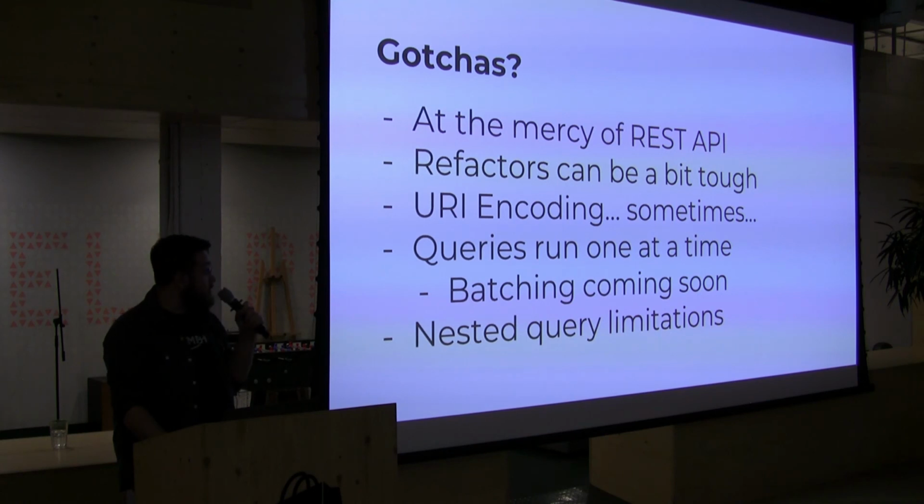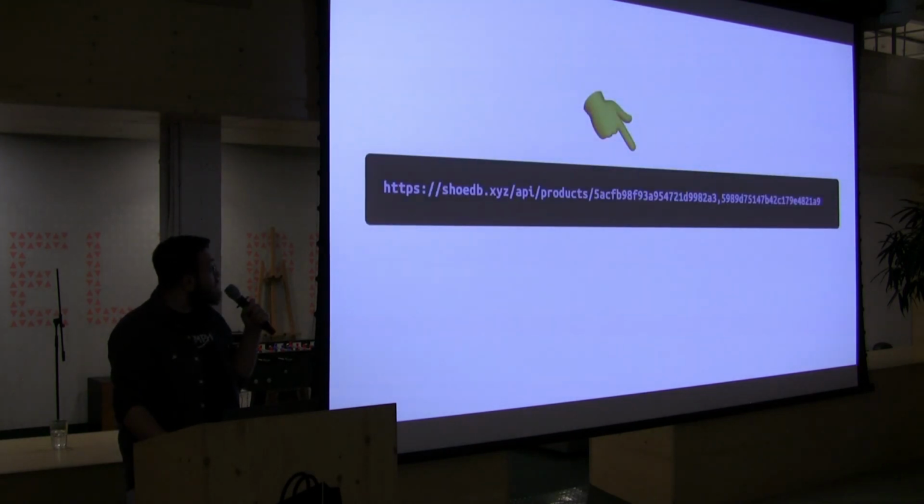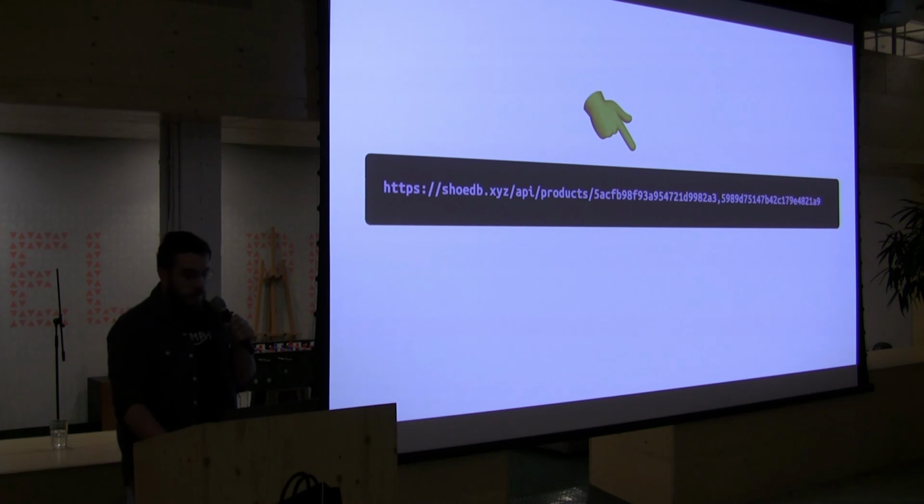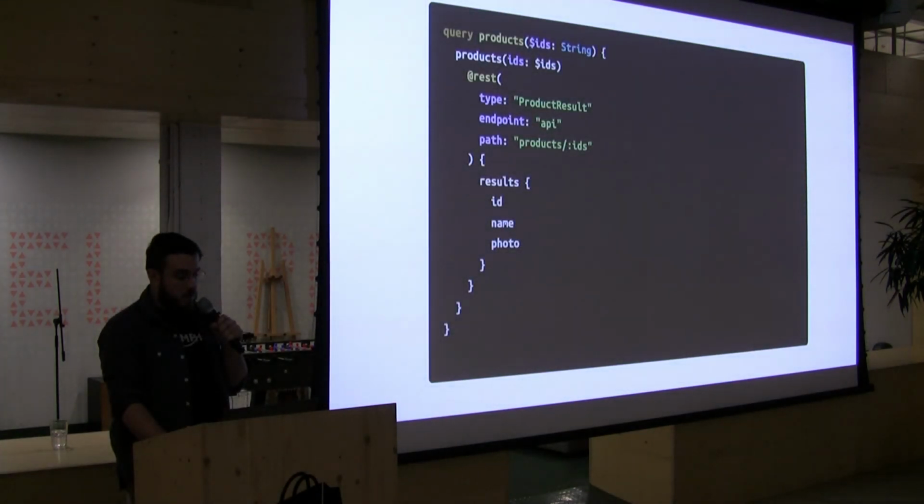So I'm going to run through a simple refactor. Let's take a look at ShoeDB. There's another thing that you can call, product slash and then that array of comma separated IDs. Fortunately, we can do this. Here's our product query.